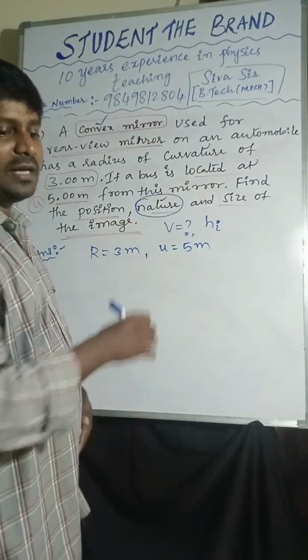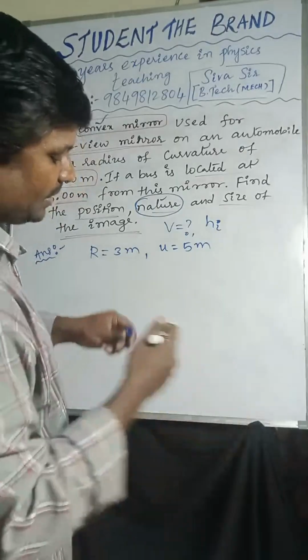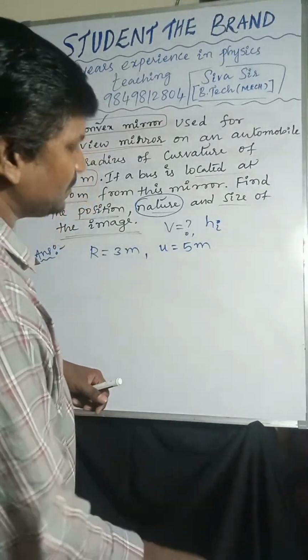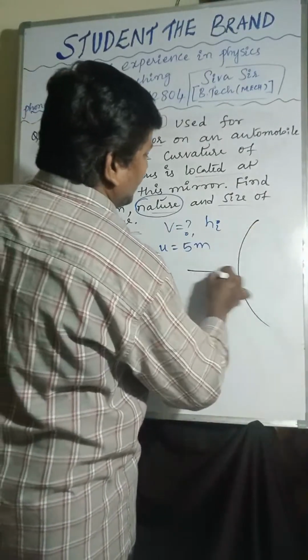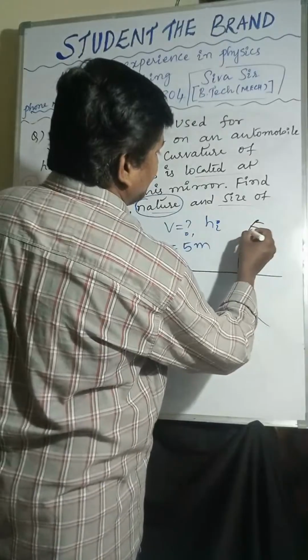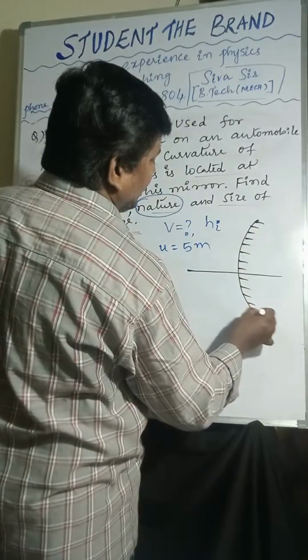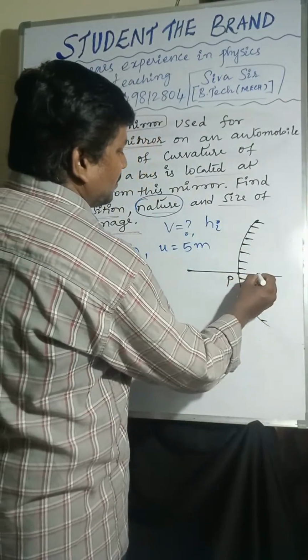Okay. So first of all, take the signs. What is the nature of the object and the image? Signs we have to take. According to the sign conventions only we can do it. If you are not following the sign convention, the same mistakes will repeat again and again. You must follow the proper signs.